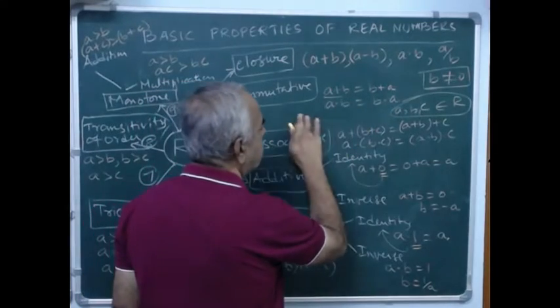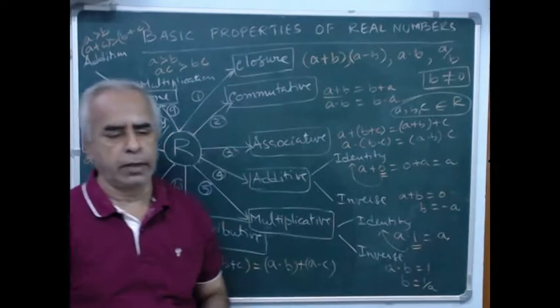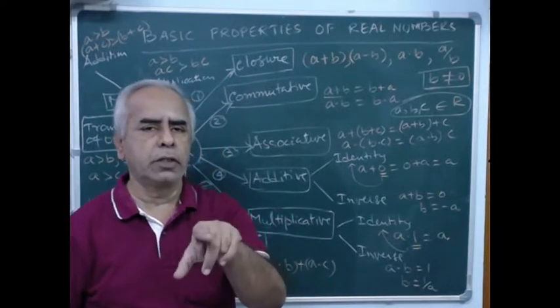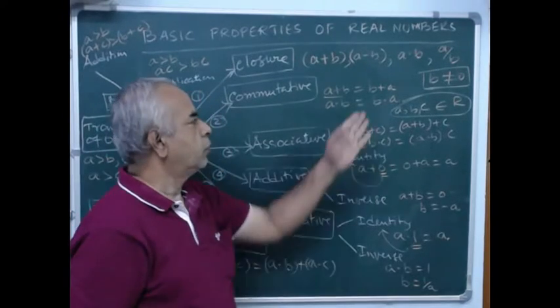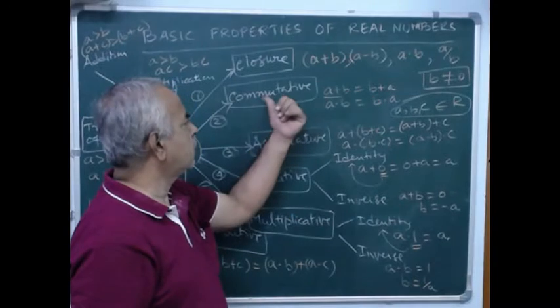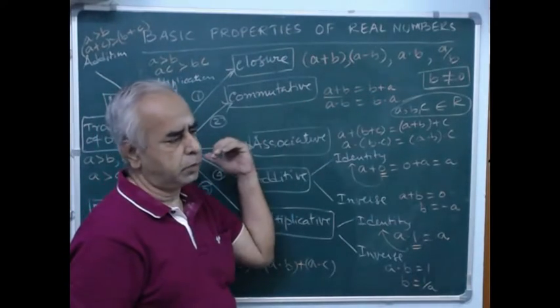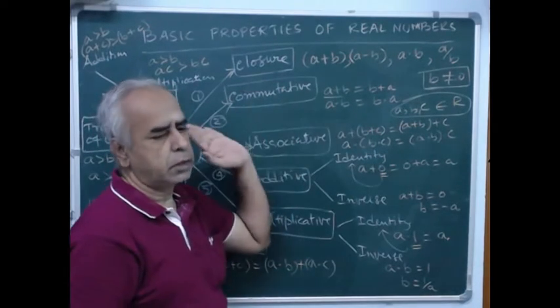For example, when I take 5 minus 3, you cannot say that is equal to 3 minus 5, because 5 minus 3 is equal to 2 and 3 minus 5 is equal to minus 2. You cannot claim that 2 is equal to minus 2. So for subtraction, commutation is not possible. Similarly, for division, it's not possible. But for addition and multiplication, the commutative law is feasible.